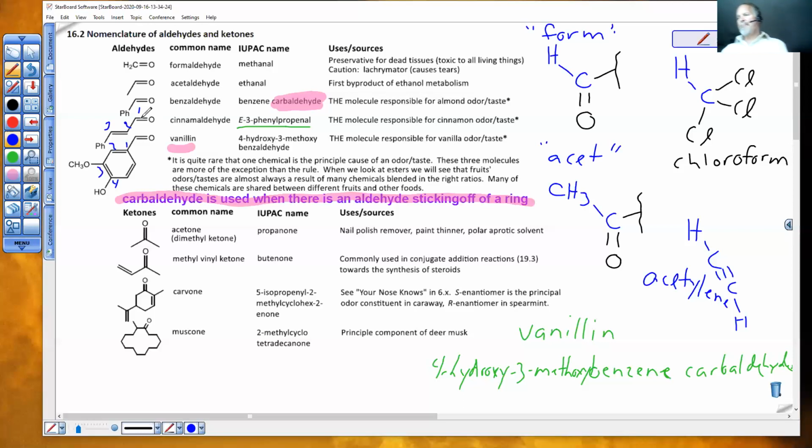Okay, so we have aldehydes. We will get some practice naming our own aldehydes and ketones on the next page. Just doing the intro here. Ketones, well, it's got the acete prefix on the first one here. It does have a CH3 attached to a carbonyl like this acete. And then it ends with -one, so it's clearly not an aldehyde.